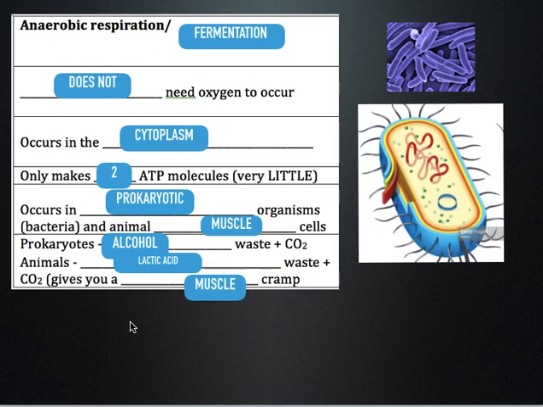So when we're eating cheese, we're actually eating dead bacteria and their waste. Their waste turns the milk into cheese. No, it's kind of gross, but it is, and I'm a cheese lover, so it works for me. All right, so this is anaerobic respiration.